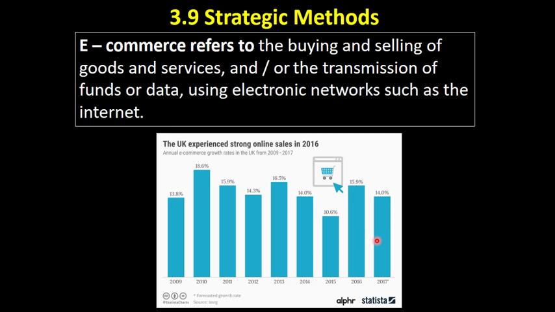Organisations like Next, which already had a catalogue, so they're used to dealing with the networks required for e-commerce, tend to be faring better than organisations like H&M or Marks and Spencer's, who have been a little bit slow to adapt online.